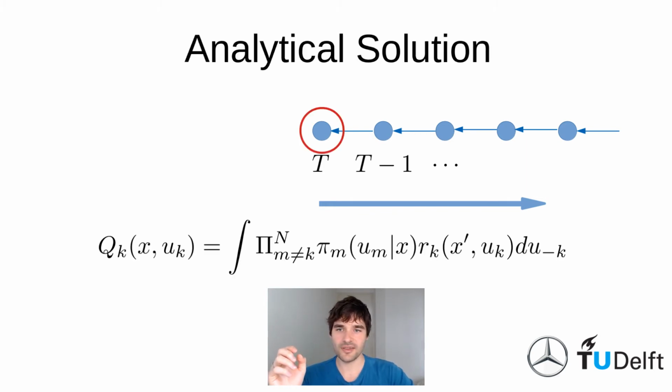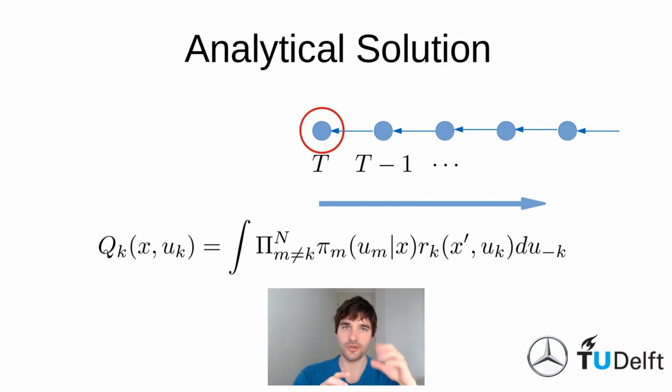So for the last time step, we now calculate the action value function, which is simply the reward function, which we approximate using a second order Taylor expansion. So that's just quadratic in the states and actions. And we have the policy of the other agents. Now, we do the same approximation with the other agents of the reward function and the dynamics. So what we end up with is a Gaussian policy also for the other agents.